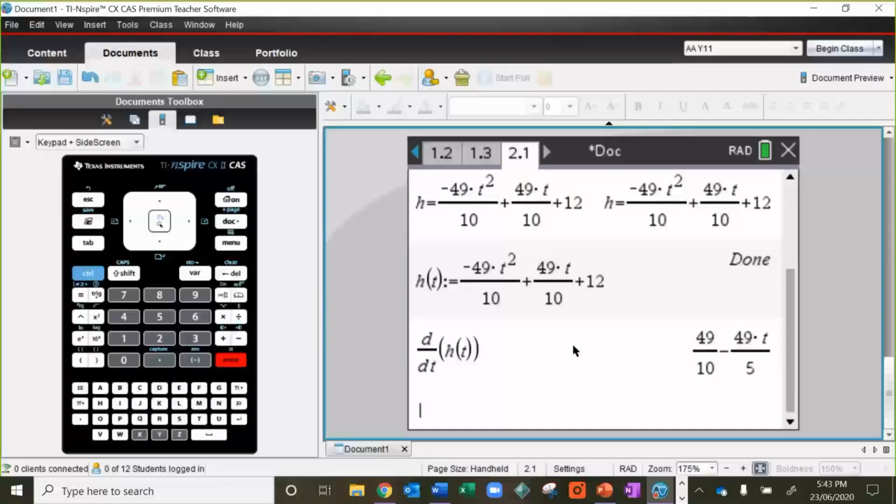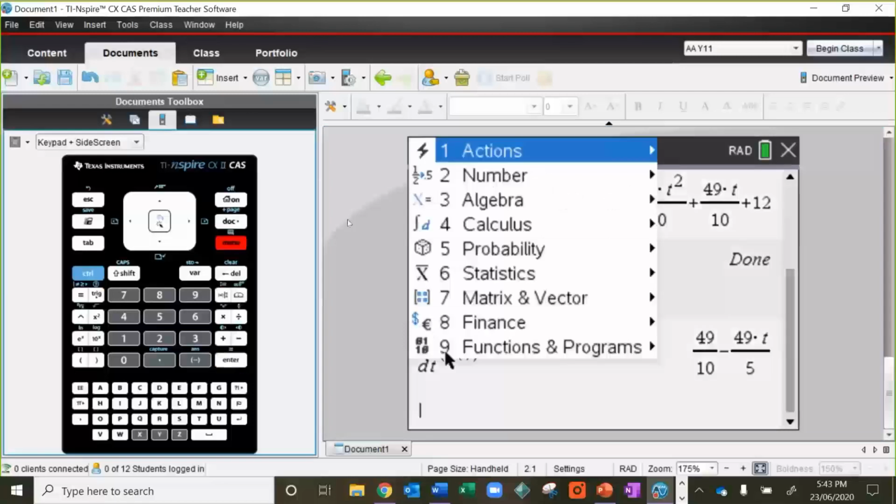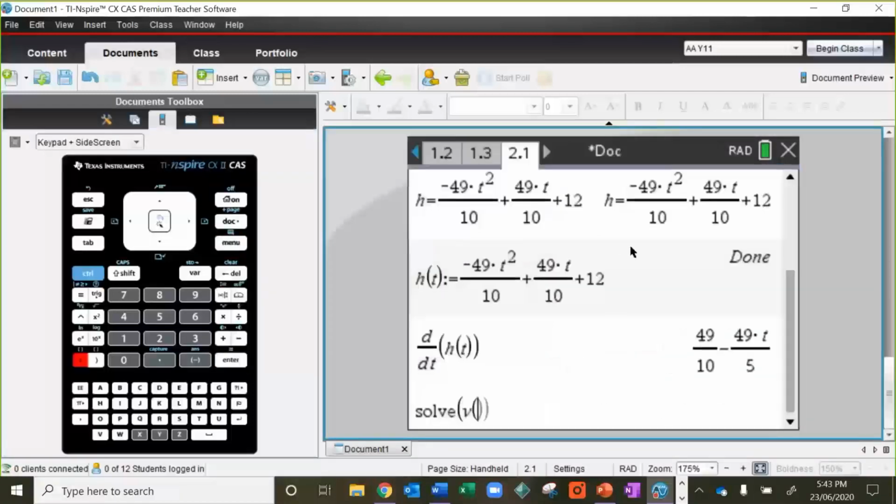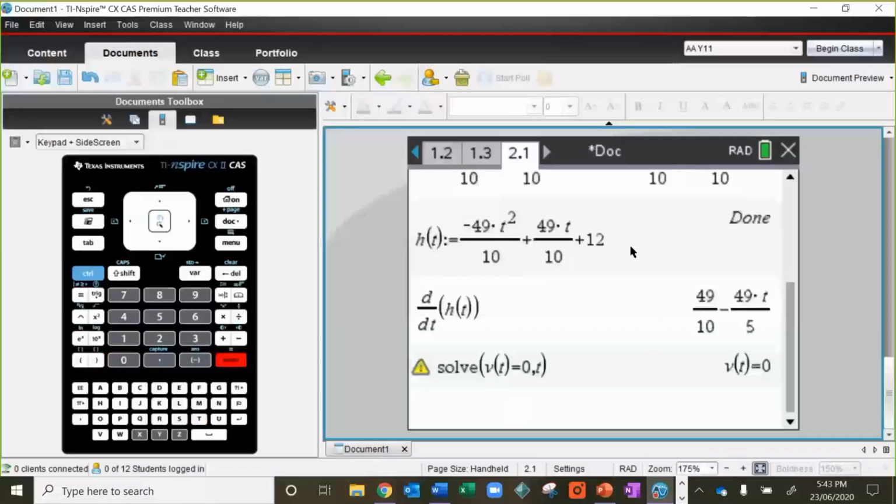If I want to find the time after which the maximum height is reached, again we solve the equation v(t) equals 0 for t. I didn't do v(t), I did h, sorry. Try again.